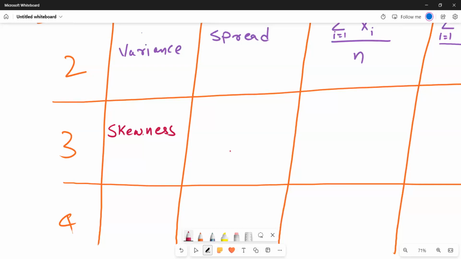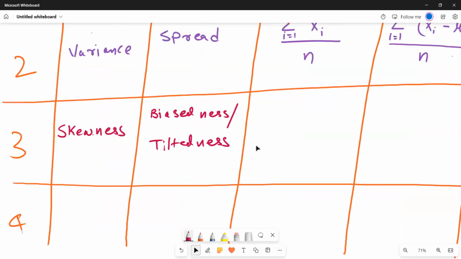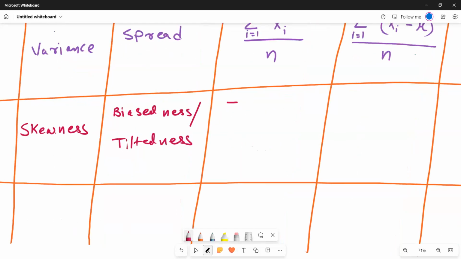And it tells you about the biasedness or tiltedness of the data. The crude form of the formula is calculated using summation of I equals 1 to n, xi raised to the power of 3 divided by the total number of elements. Right, so this is the crude form of the formula that is used.